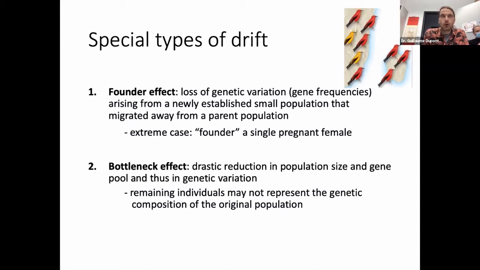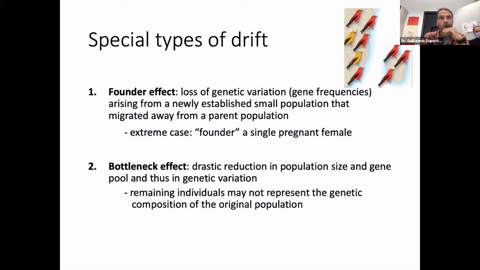And because these founding populations are small or very small, indeed, they can be very non-representative of the original population, and they can show a very low genetic diversity. I'll give you a few examples in a second.